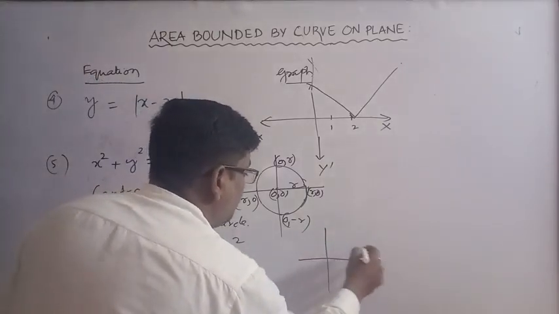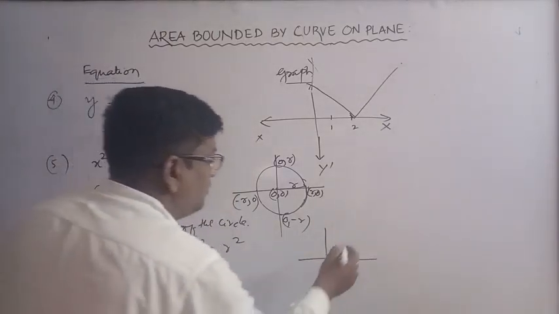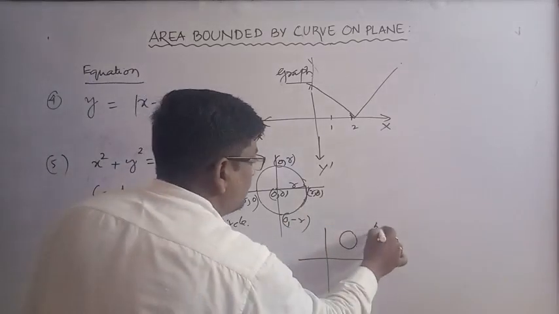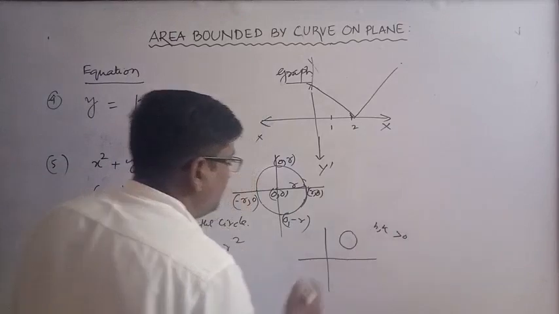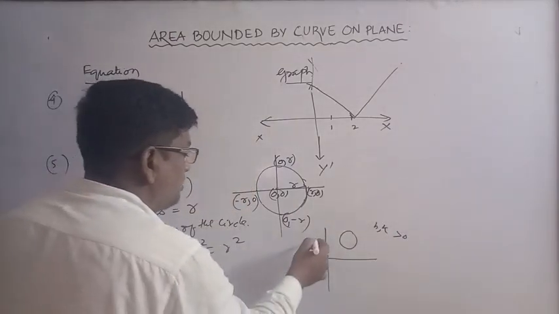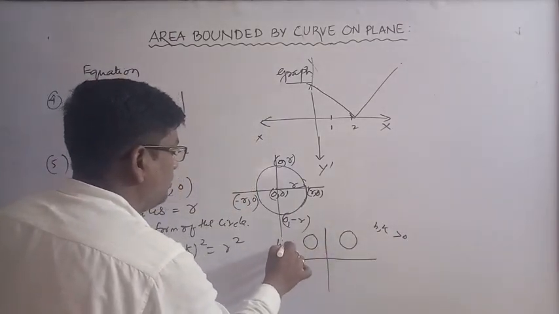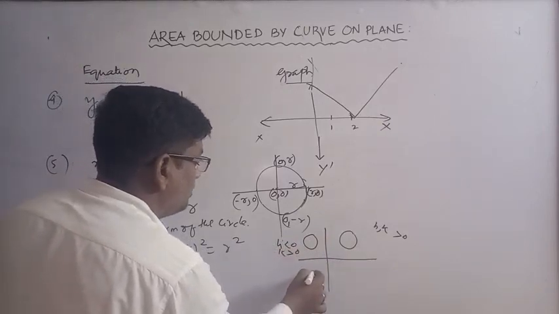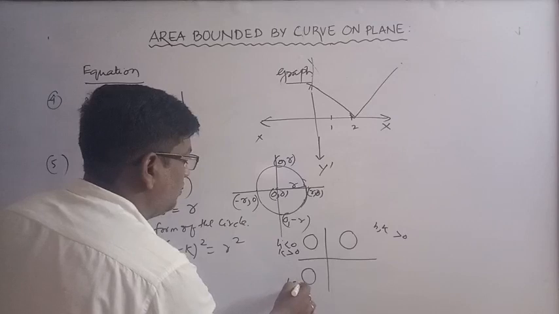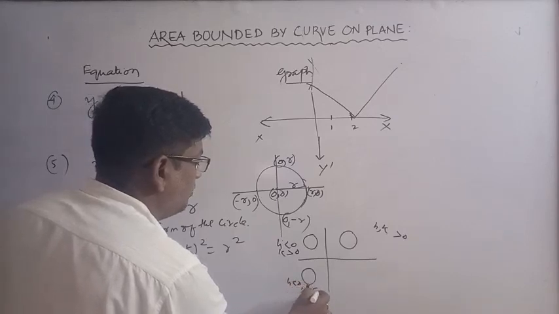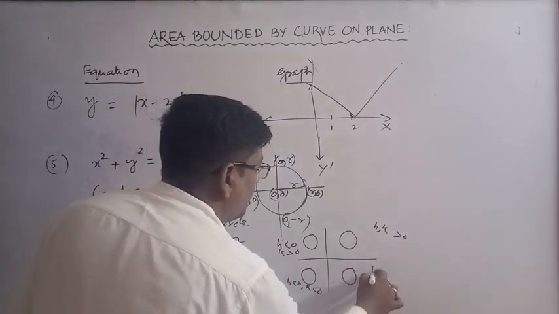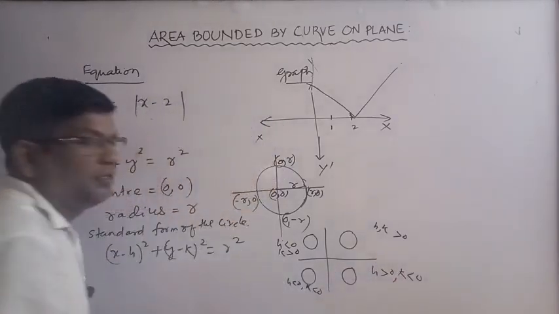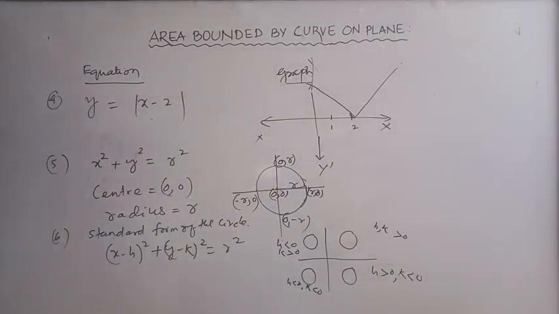The center may be in different quadrants: for h and k greater than 0; for h less than 0, k greater than 0; for h less than 0, k less than 0; and for h greater than 0, k less than 0. This is the graph of the standard form.